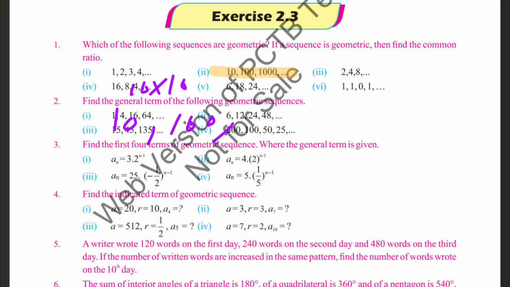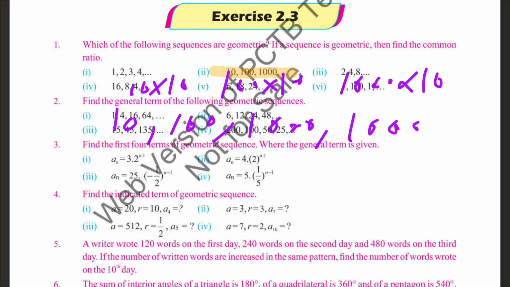And now 100 multiply by 10, the next term is 1000, and 1000 multiply by 10, we find 10,000. It means the previous term multiplied by 10 gives the next term. This is a geometric sequence.